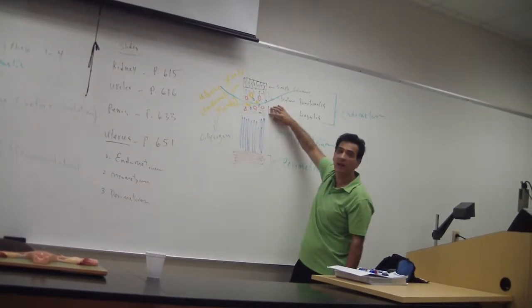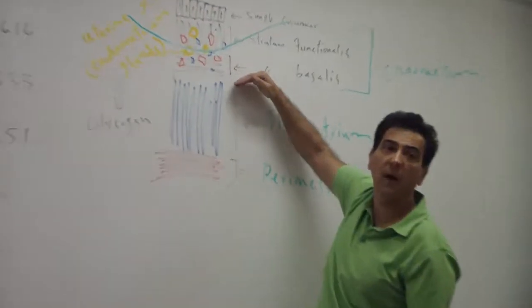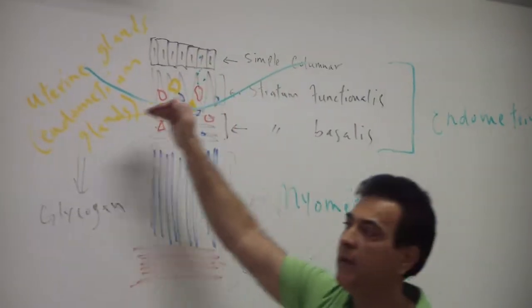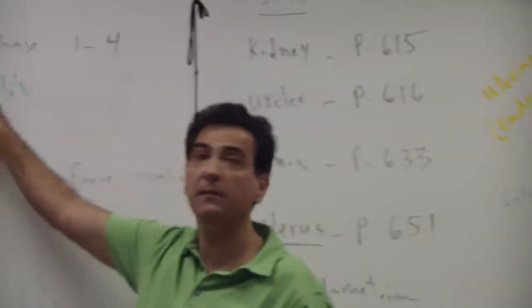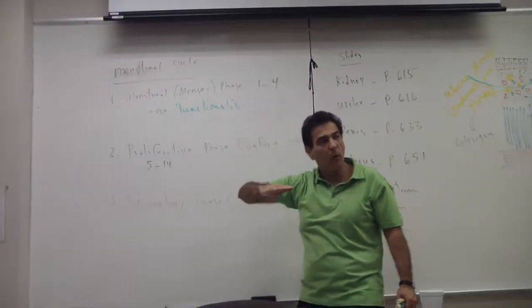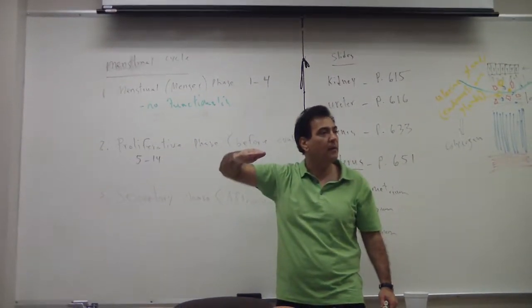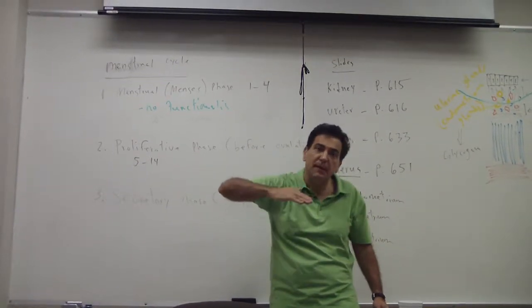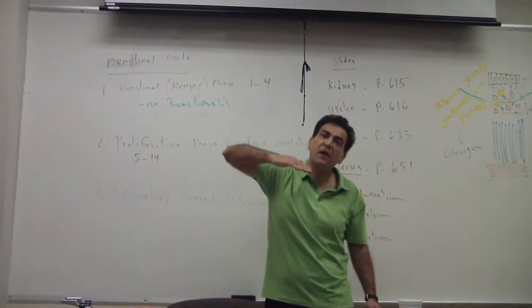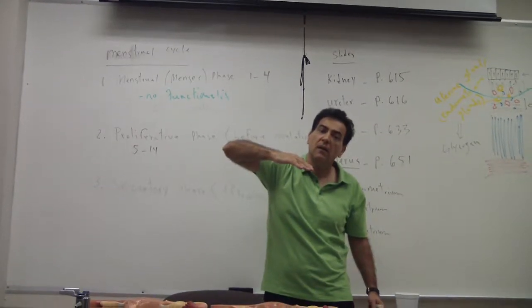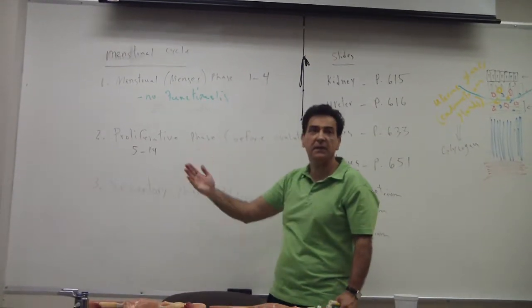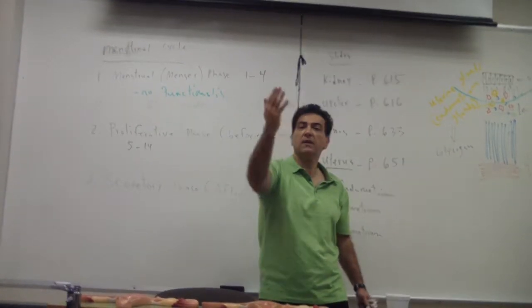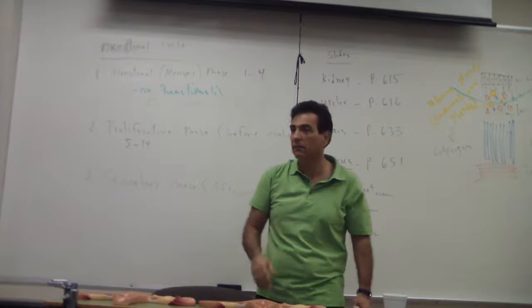The stratum basalis remains there, and later on makes what? Makes the functionalis again. So when we look at the proliferative phase, after the menses phase, the wall starts what? Building up. The basalis starts building up, or making the functionalis again. So when we look at the proliferative phase, we see the simple columnar cells, we see what? The functionalis, we see what? Basalis, of course.